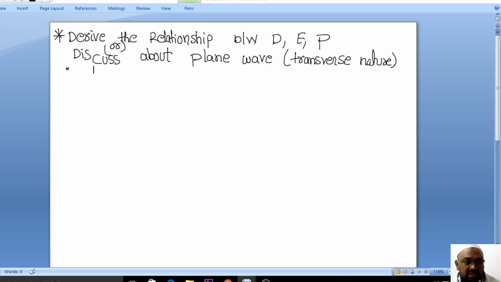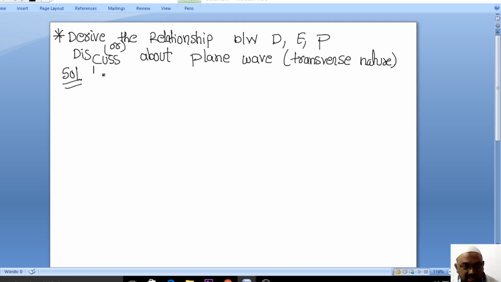In order to go for any derivation, what do you need to consider? What we are doing here is taking again the parallel plate capacitor. Maxwell considered the parallel plate capacitor for modifying Ampere's law also. Here also we are taking a parallel plate capacitor.